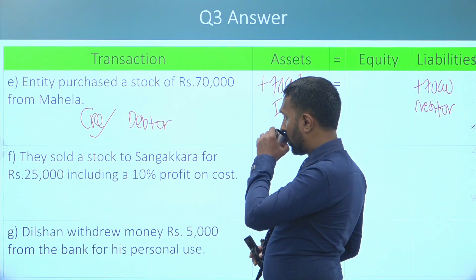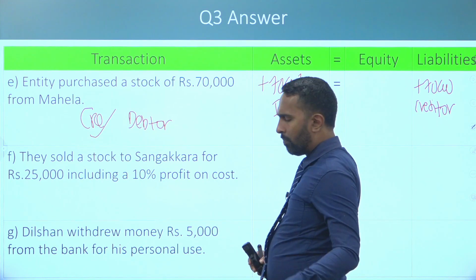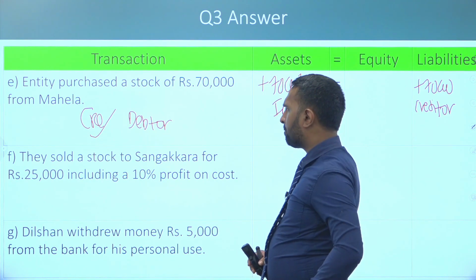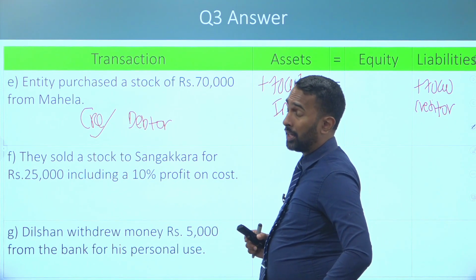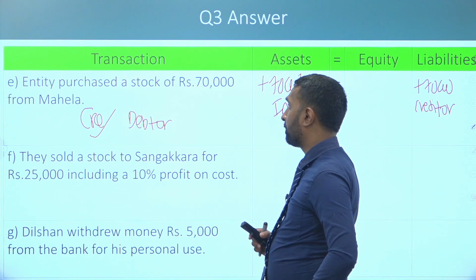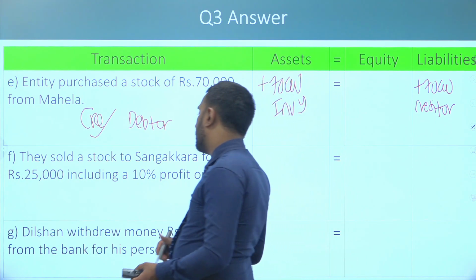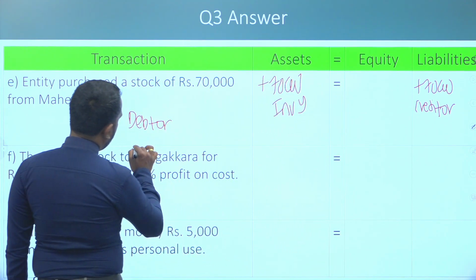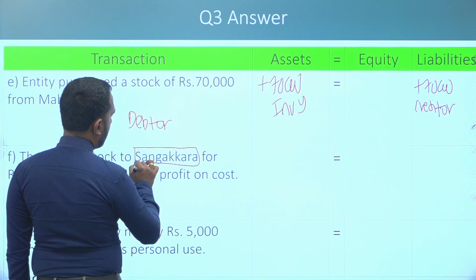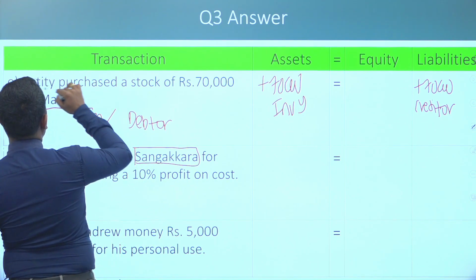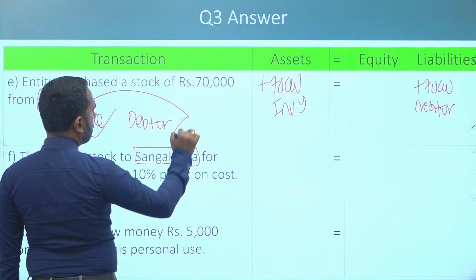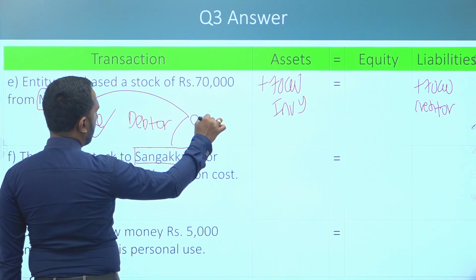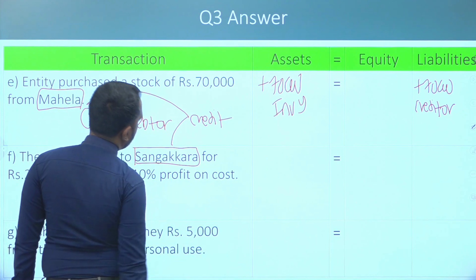Okay. Now, there are little points we need to take a note of. Guys, when they use names, we have to understand, okay, that is a credit transaction.